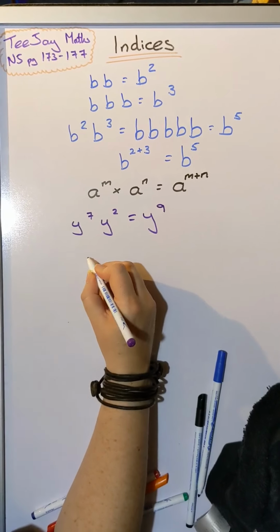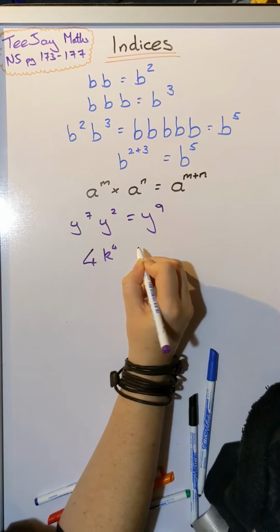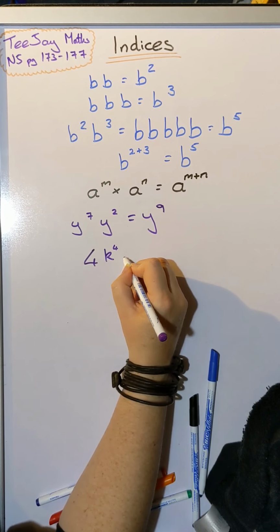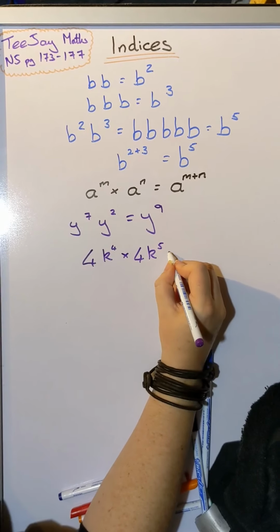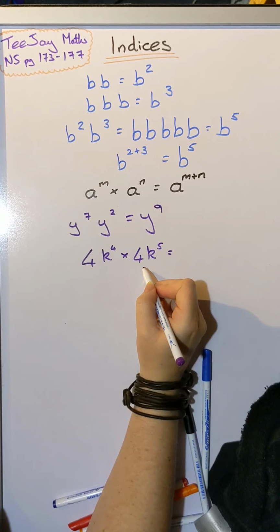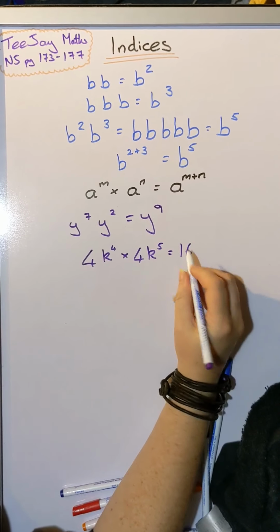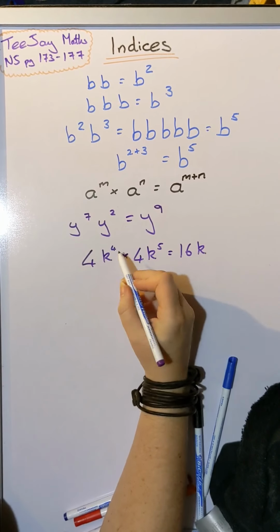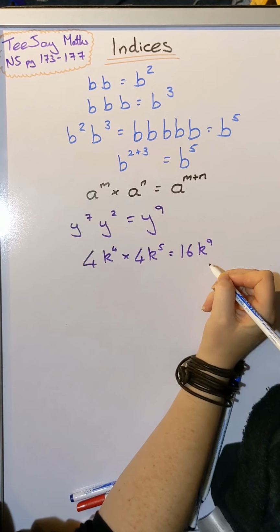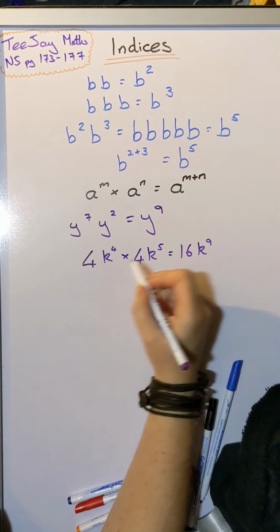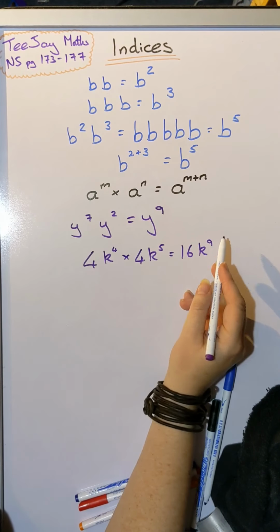If we had 4k to the power 4 times 4k to the power 5, we would multiply our numbers first. 4 times 4, so we have 16. We've still got k's. We've got 4 plus 5 of them, so we have 9 of them. So numbers happen as normal. Powers we add.